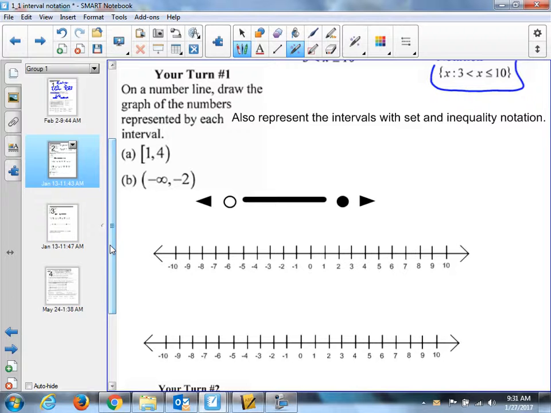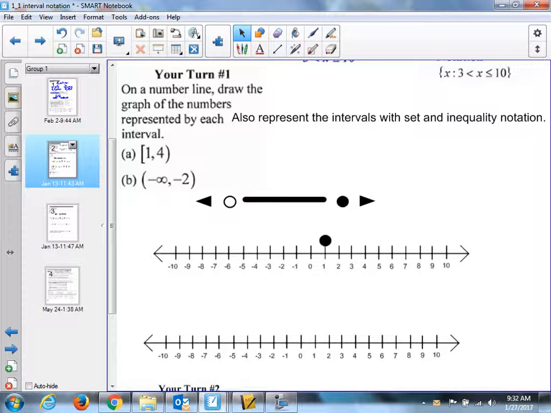For a given interval, this means it starts at 1 and includes 1. So I'm going to just grab, in my case, where's my 1? Starts at 1 and includes 1. I'm putting mine above because I'm going to put the other one below the number line.